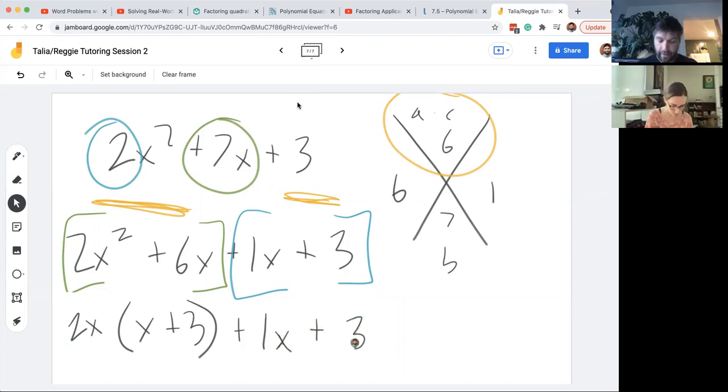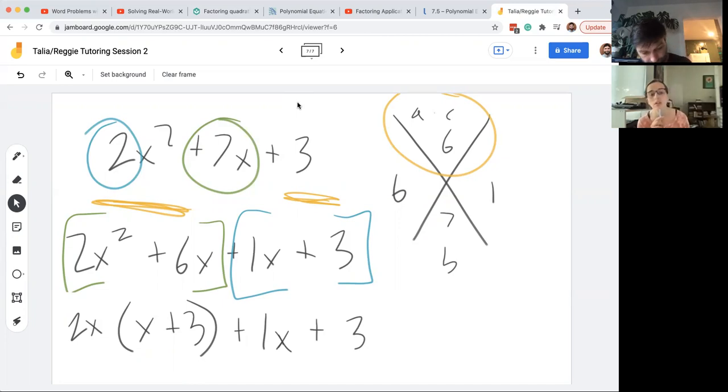Now, whenever we do this, our goal is whatever this parenthetical is, x plus 3, we want to get that on the other side, and it's basically always going to work out, so it's pretty easy to do. So on this side, what do we factor out of the right to leave x plus 3? Might seem like a trick question because it's too simple. I just factor out a 1 because I already have x plus 3.